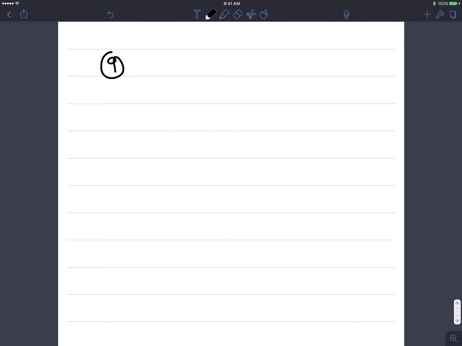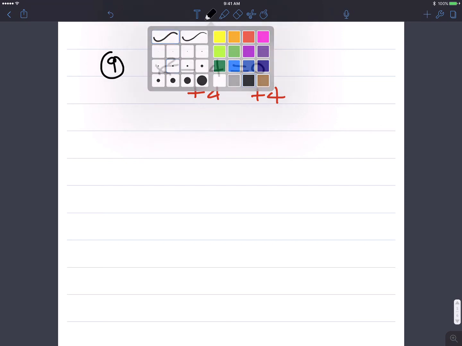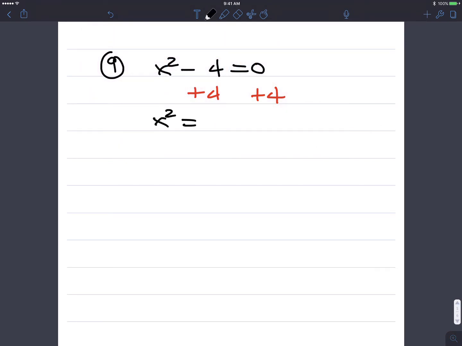Number 9, x squared minus 4 equals 0. At first glance, we cannot use the square root formula here. But if we solve for x squared by adding 4 to both sides, we end up with x squared being positive 4.